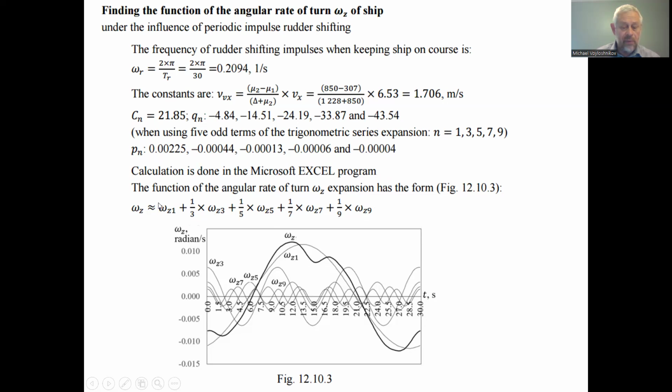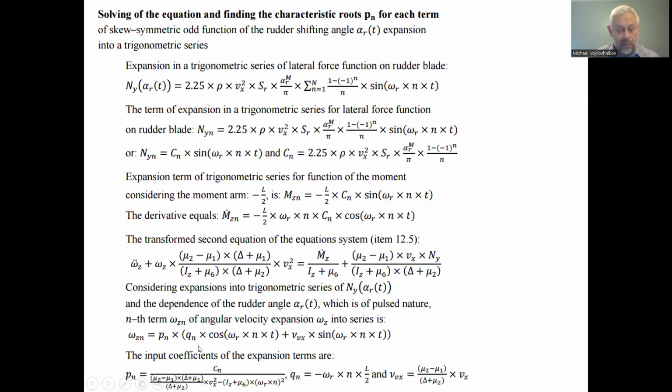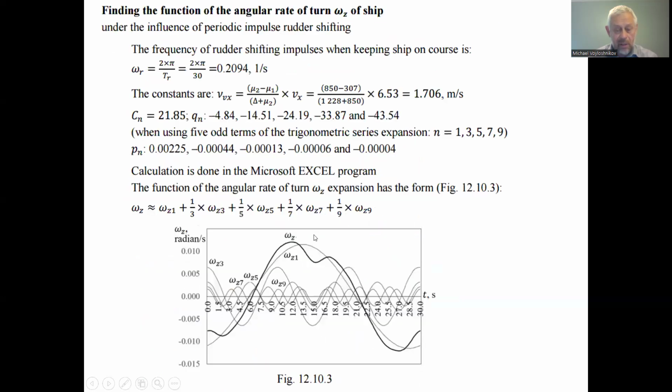For the first we have, of course, the factor 1; here 1/3, 1/5, 1/7, etc. And we consider all the others in the type we got here, when we substituted these factors with the particulars of the ship and its inertia characteristics, etc.